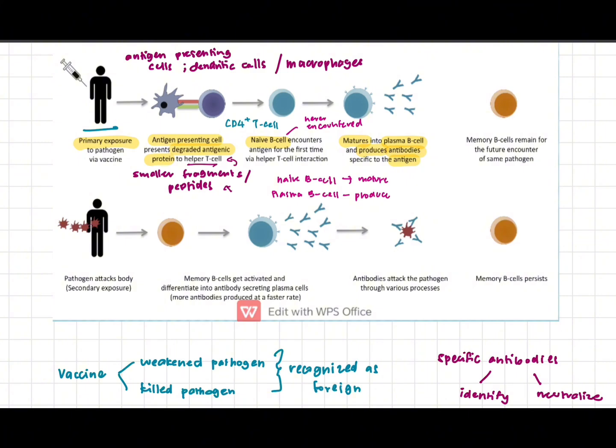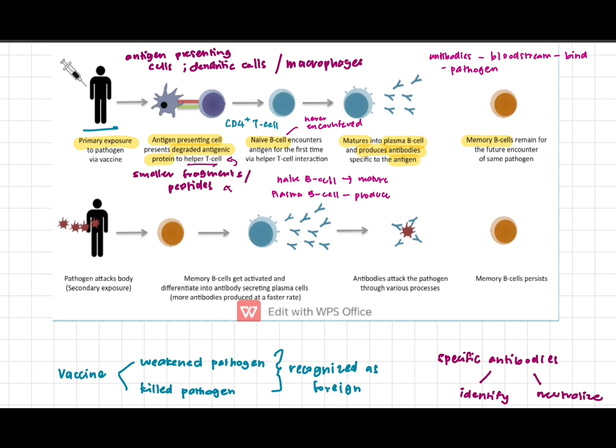The antibodies produced by the plasma B cells will circulate in the bloodstream and bind to the pathogen, marking it for destruction. The final step in the immune response is the development of memory B cells.